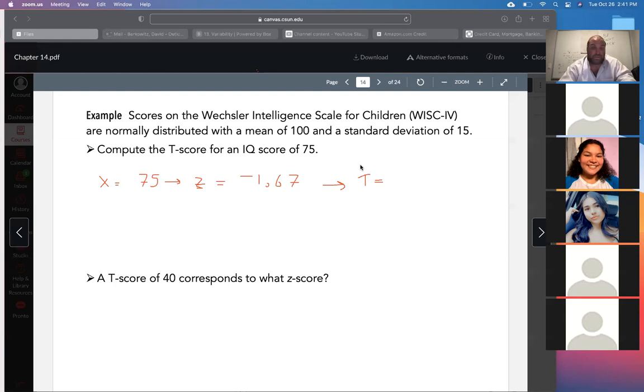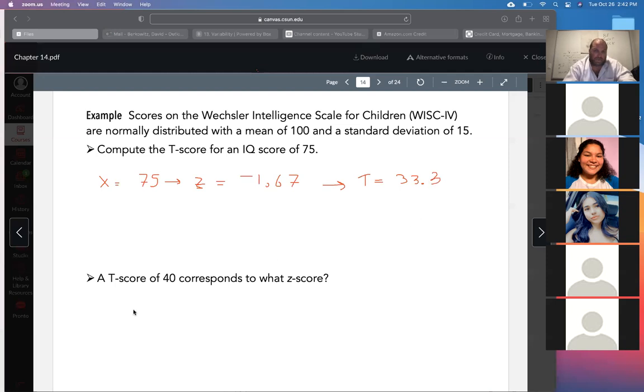I did it in my head, did I get 32.3? Is that probably wrong? I'm tired. Times 10 plus 50, yeah, 33.3. So your t-score there is 33.3.